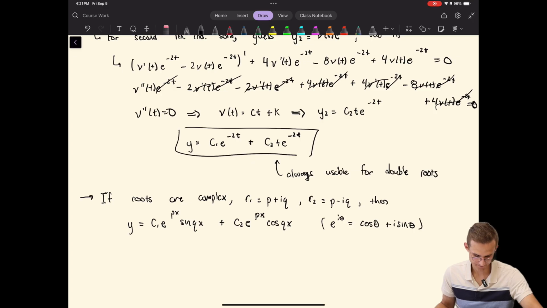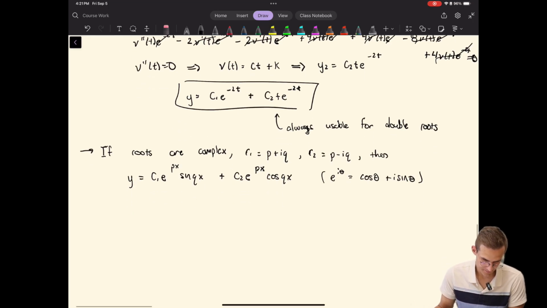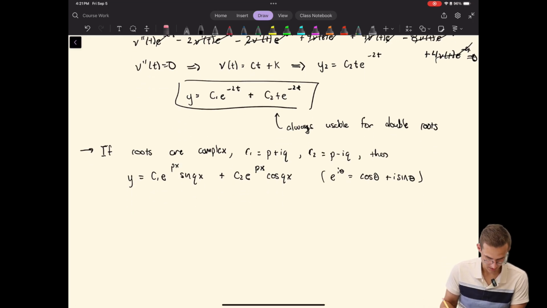So that's the characteristic equation. Now let's move on to the method of undetermined coefficients. This is for non-homogeneous second order ODEs.